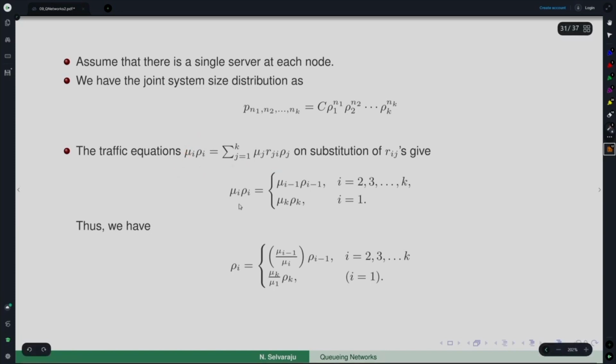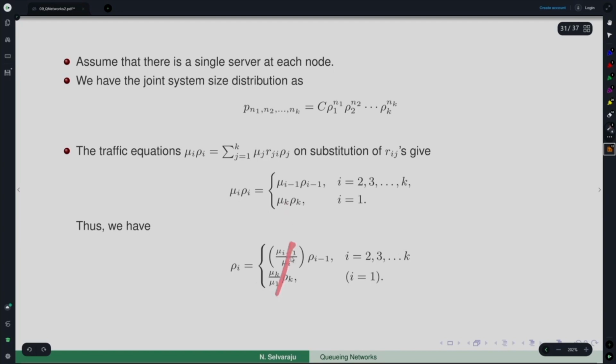So, this mu I rho I, if we just put, because there is only one value which is 1 out of all these, that means the corresponding entry only, like you will have this. So this becomes this, that means my rho I is equal to mu I minus 1 by mu I times rho I minus 1, or mu k by mu 1 in case of I is equal to 1.